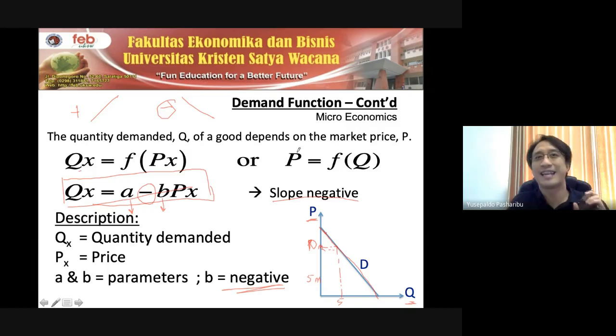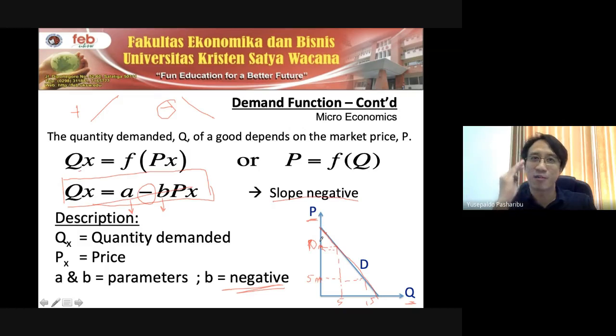But if I reduce the price, for example, I offer it for 5 million rupiah, then the quantity will increase. For example, it goes to this quantity, and 15% want to buy.